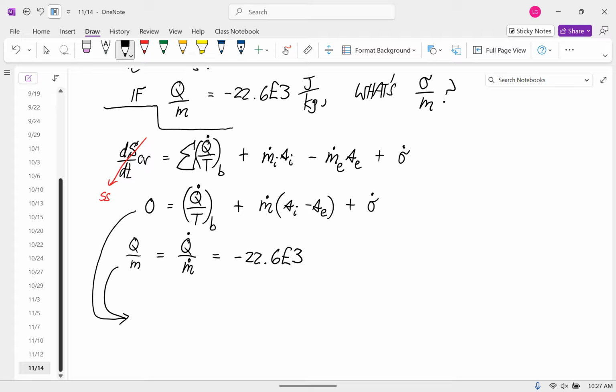So we have 0 is equal to Q dot over m dot divided by the temperature, plus S at the inlet minus S at the exit, plus sigma dot over m dot.